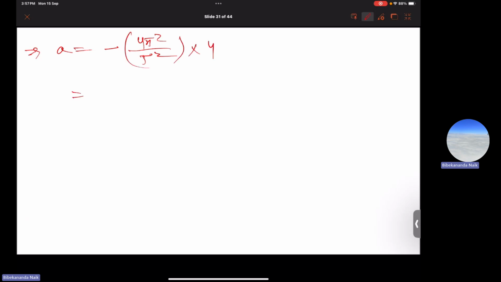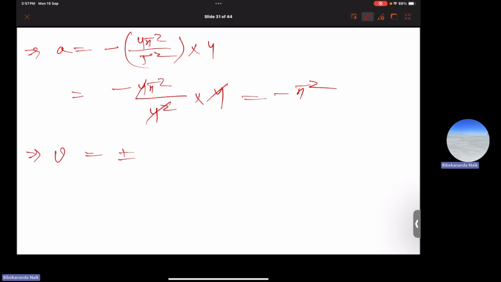T is 4 second, so 4 square into 4, so minus pi square.